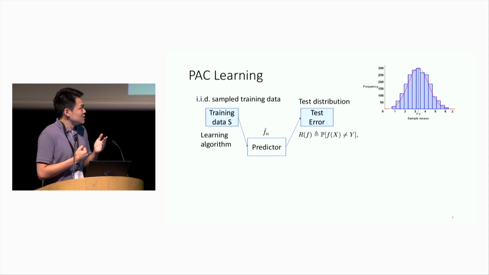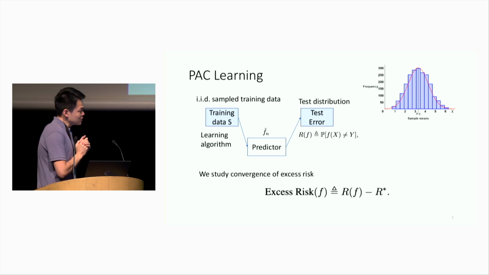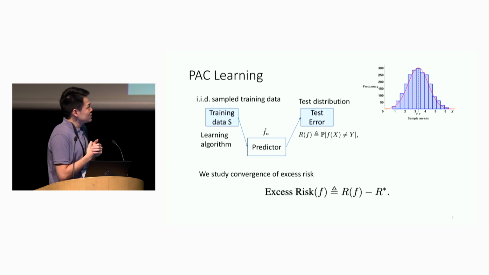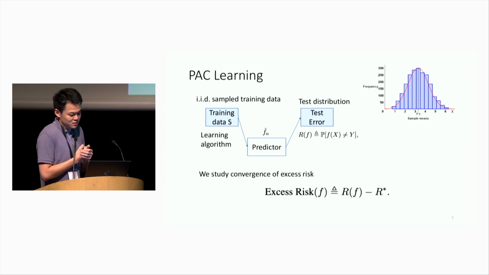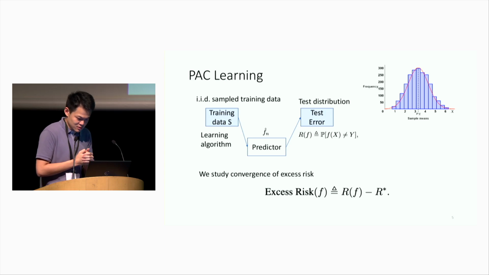Then we test it on the population distribution and see how it performs. The quantity that we care about in PAC learning is called excess risk: the error we make with the learned predictor versus the optimal possible predictor.